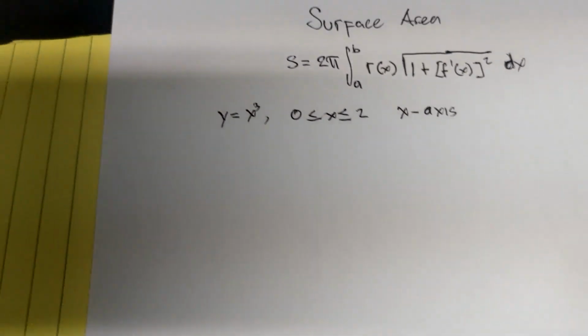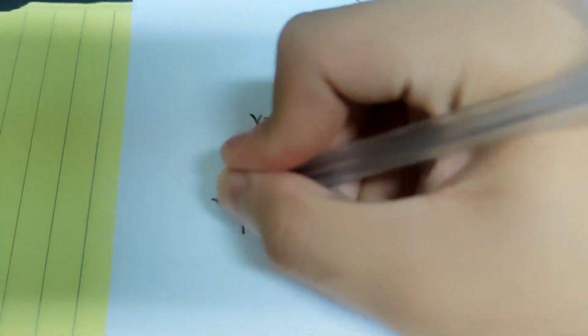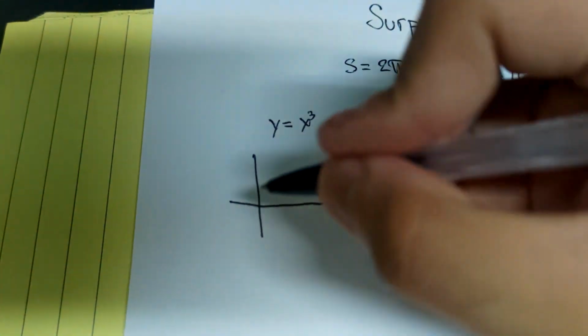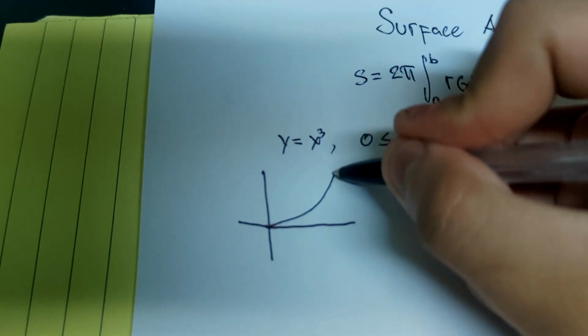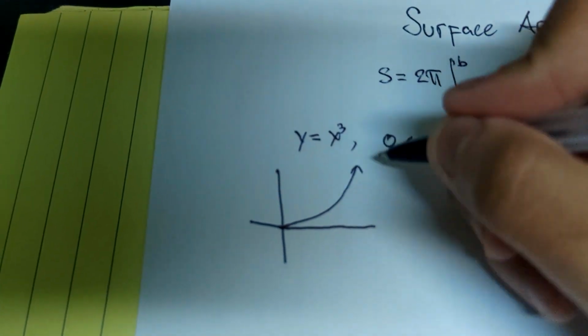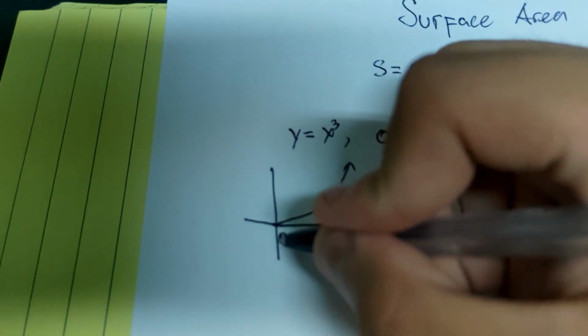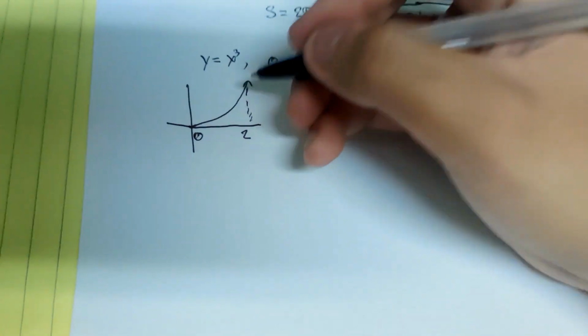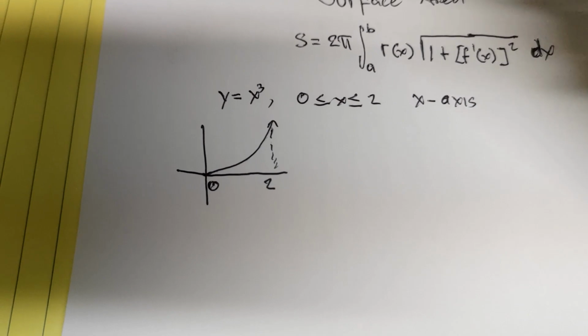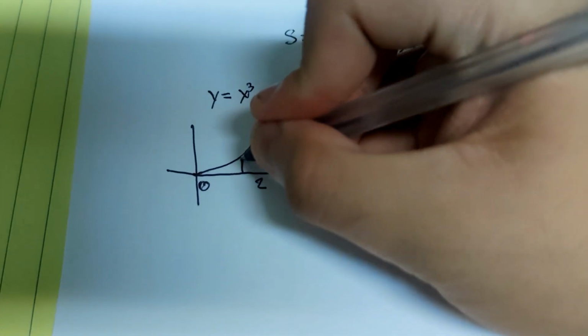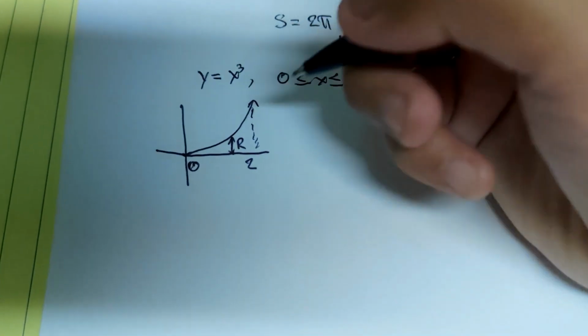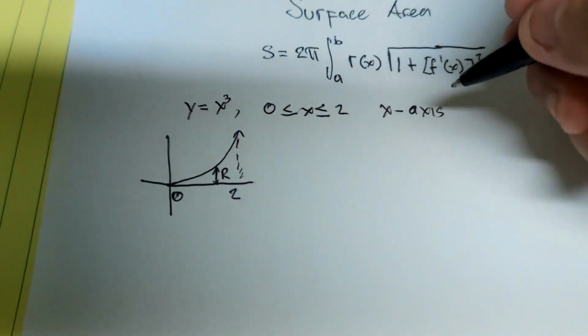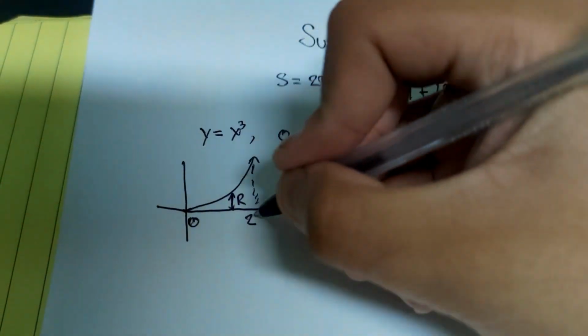So now we can graph our function. Our curve will be like this, with limits of 0 to 2, and our radius can be found here in the middle, or r. For this problem it will be rotated on the x-axis.